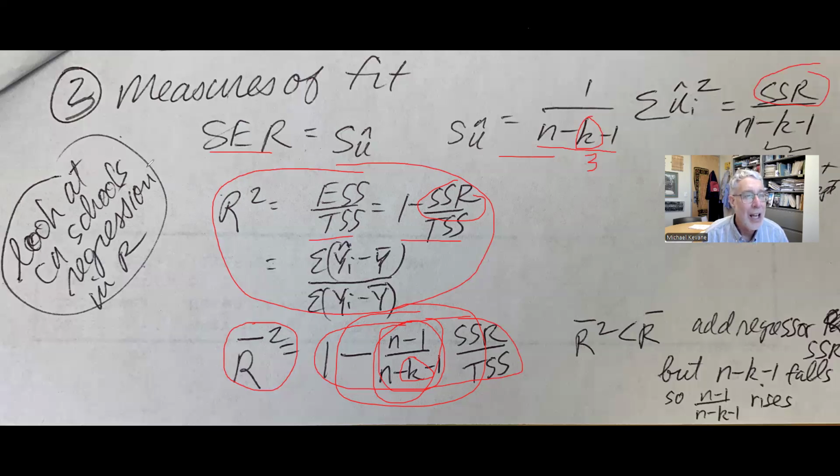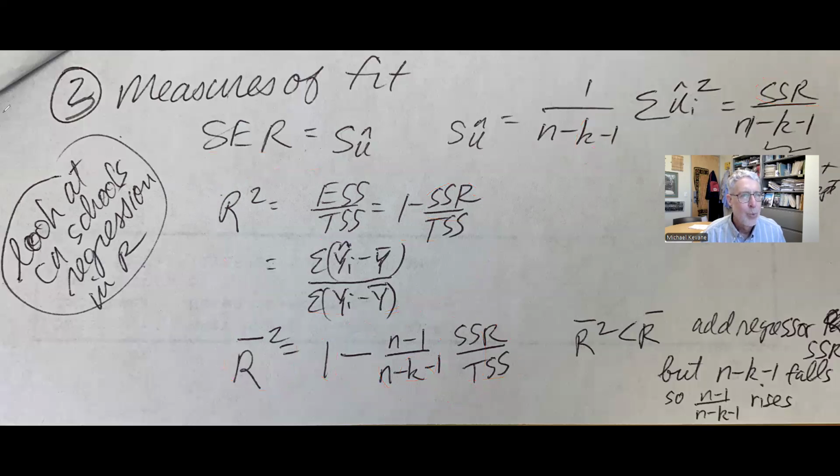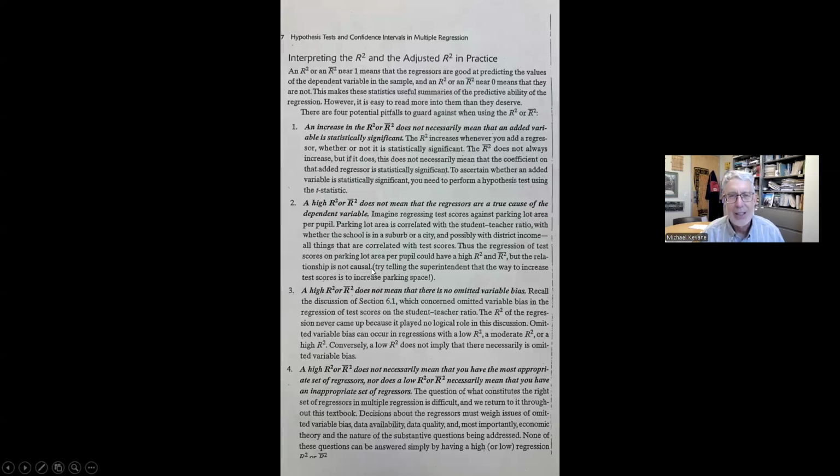I wanted to go back, there's one more thing I wanted to do. This is an excerpt from Stock and Watson's textbook, and these are 4 points to think about in R squared. Increases in R squared don't always mean that the new coefficient is statistically significant.